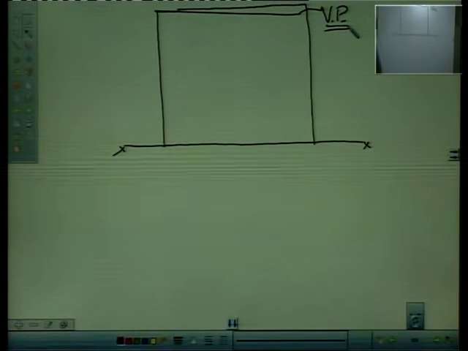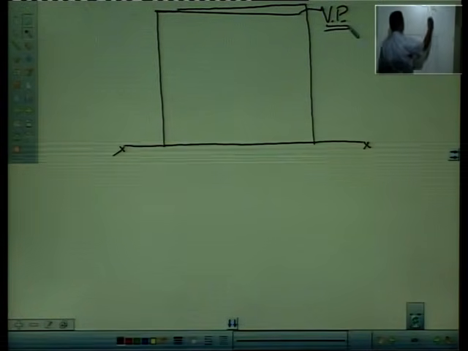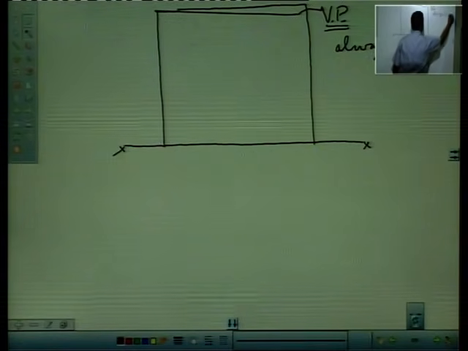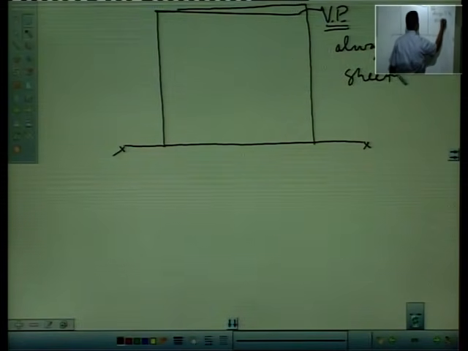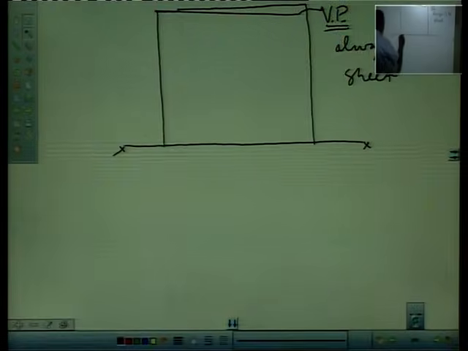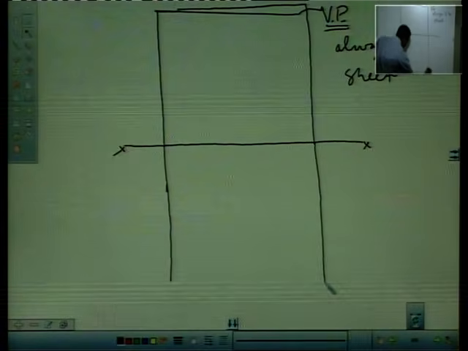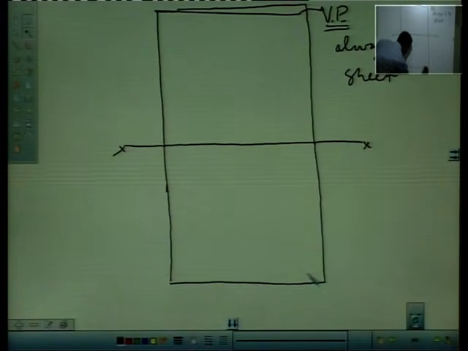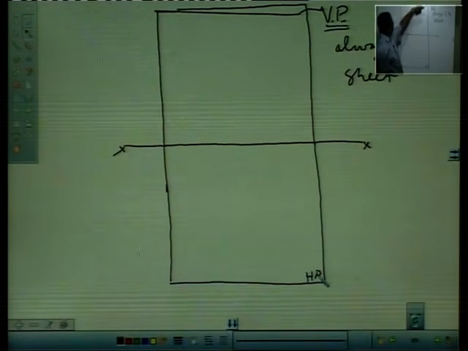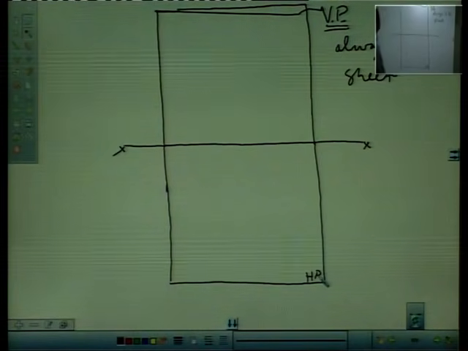Here I would like to make one thing sure, that vertical plane is always parallel to the sheet, always parallel to the sheet, and the horizontal plane which was here will come down. So, this top rectangle represents vertical plane and the bottom rectangle represents horizontal plane.